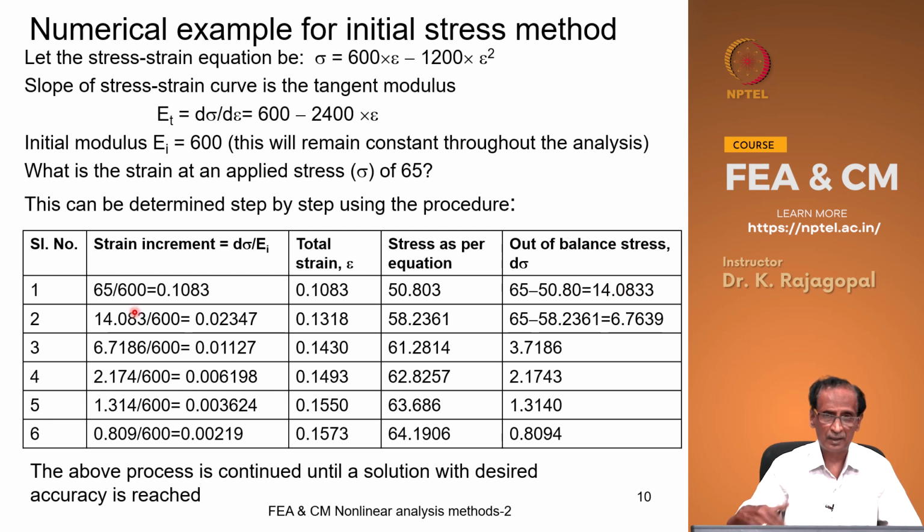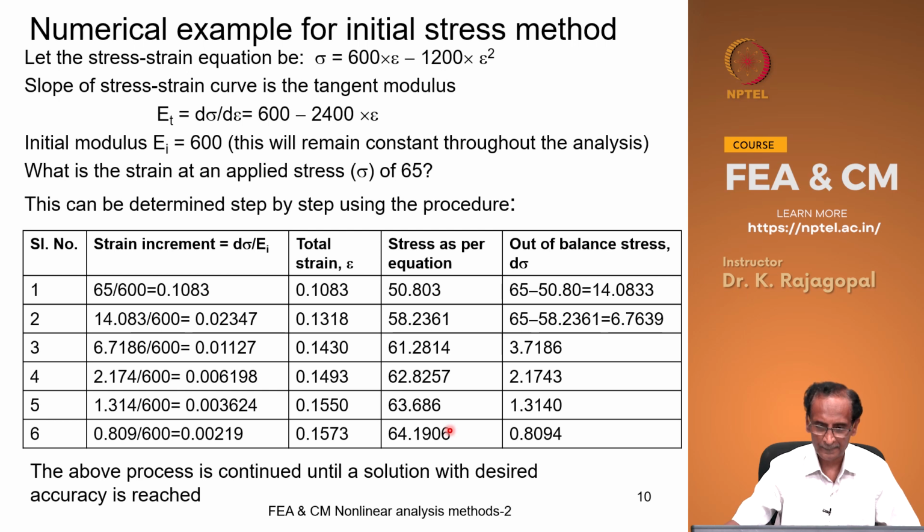We apply this back on the system and get an incremental strain and our total strain, and then the stress corresponding to this strain, and we calculate once again the out of balance force, and then repeat the process until we are happy with the solution that we get.